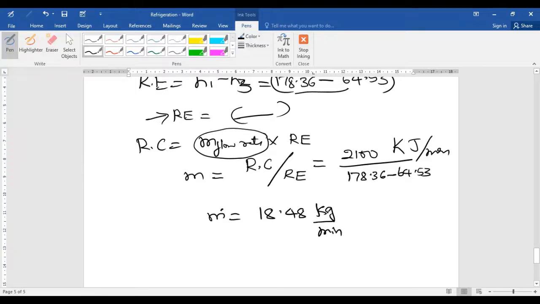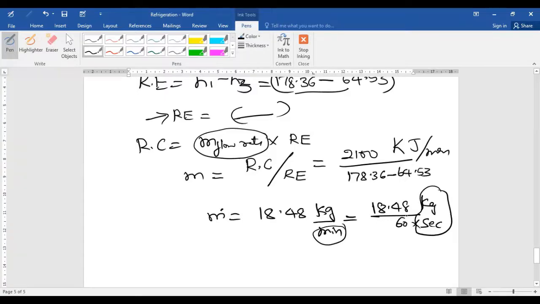Sometimes students may be asked to write this value in kg per second. In that case, 18.48 kg will be in the numerator, and 1 minute is equal to 60 seconds, so just divide by 60 and you will get the value in kg per second.